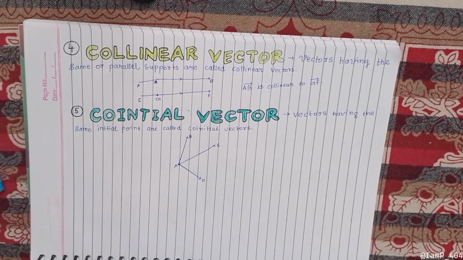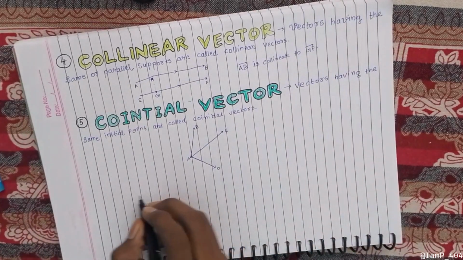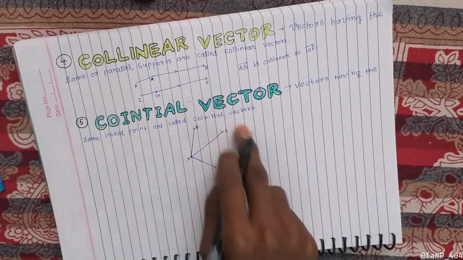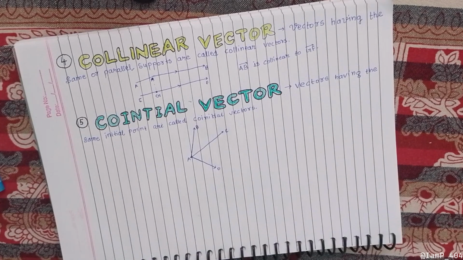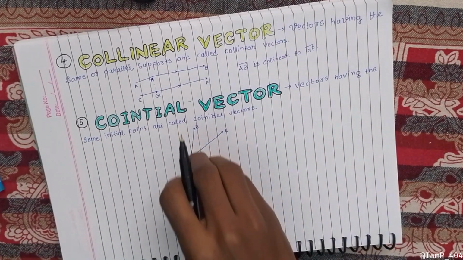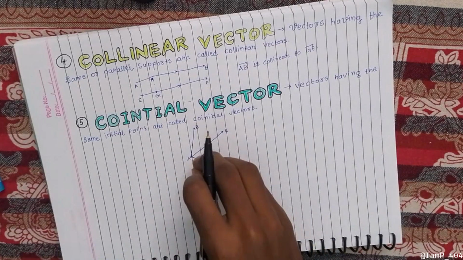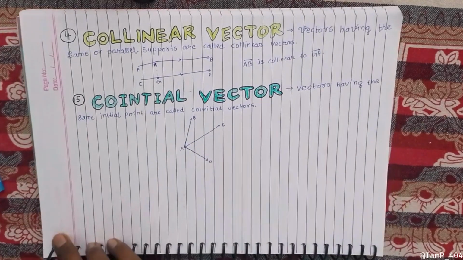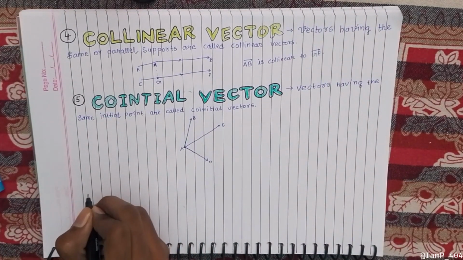So coplanar vectors are those vectors which are in the same plane. If I'm saying coplanar vector, all these vectors that I have drawn in my notebook are coplanar because they are all in the same plane. If any of those vectors is standing like this, it is in three-dimensional space. They are not coplanar because they have no same plane.